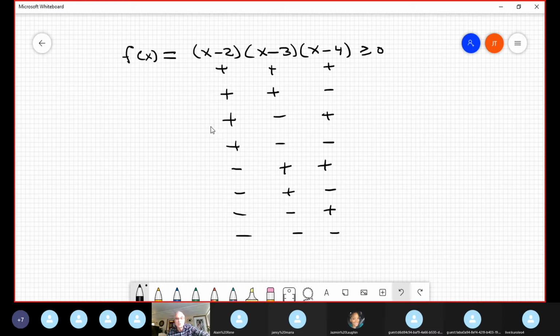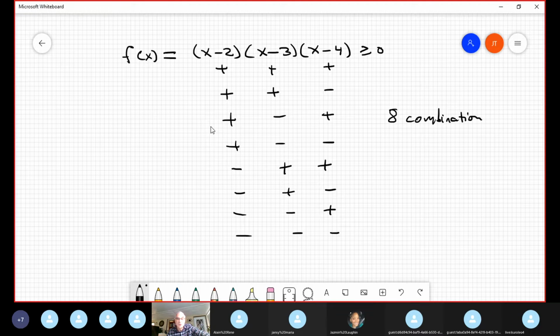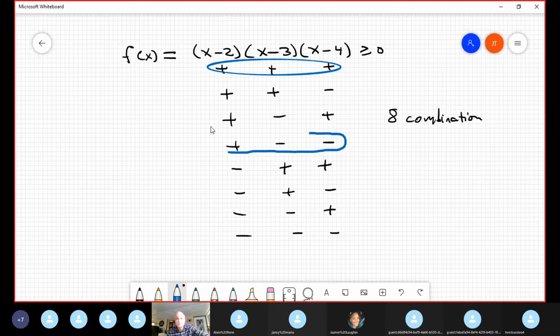So how many combinations do we have in total? Actually, which combinations are we using for solving the problem? One of the combinations we use obviously is this, because the multiplication of 3 positives is positive. Another is this, because 2 negatives make a positive, no?